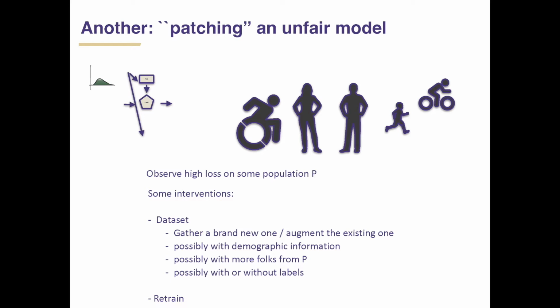For example, maybe you hypothesize the reason your model works much worse on people who are not walking on two legs or people who are shorter might be that there just weren't enough of those in your data set, right? So you might go around and intentionally try to sample with higher probability people that belong to those populations, right?